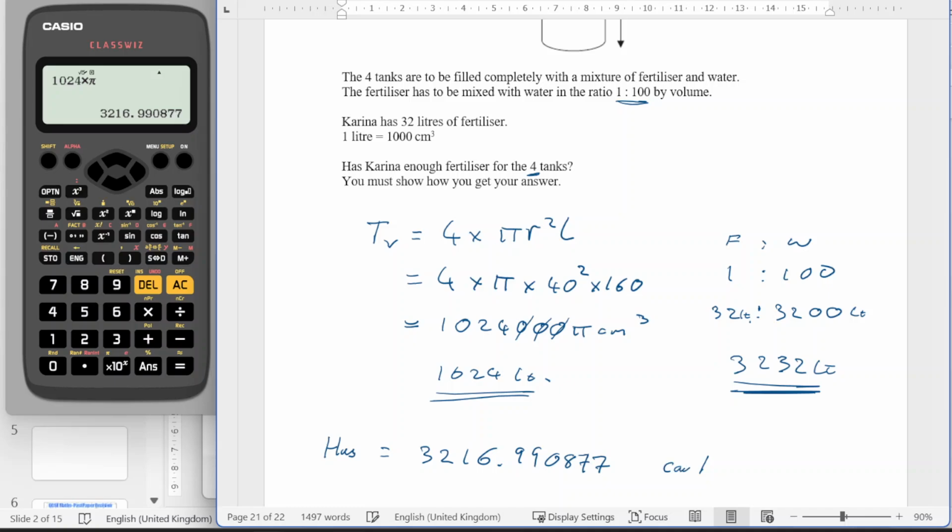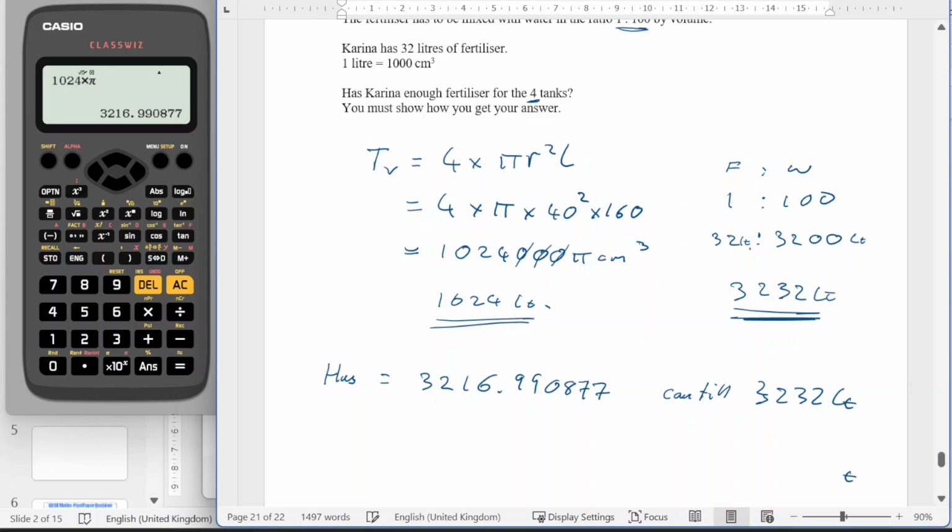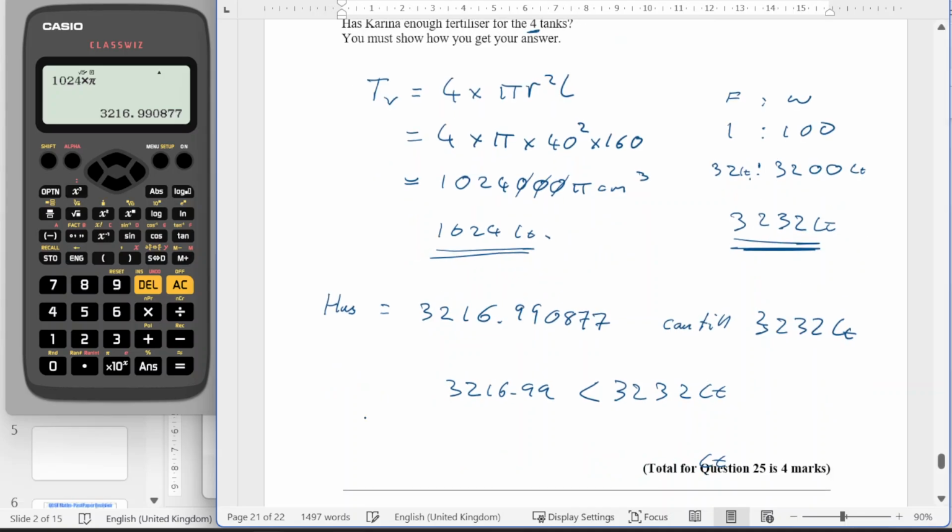So if I call that can fill 3,232 litres. So she does have enough. So 3216.99 is less than 3232 litres. So does she have enough? Yes, she does.